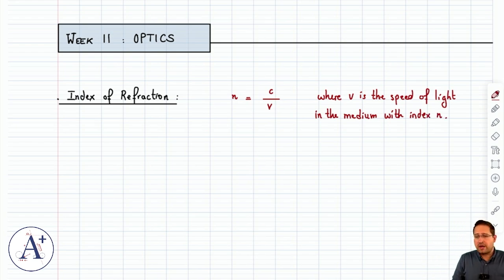So n is always going to be bigger than 1 because v will always be less than c.